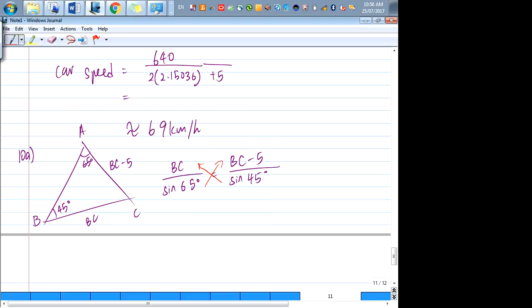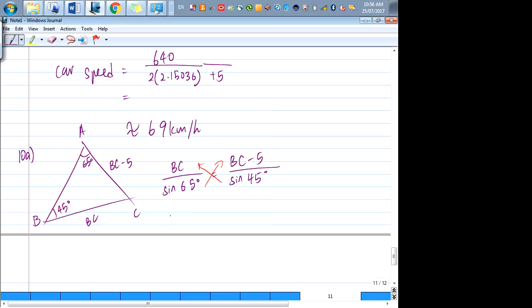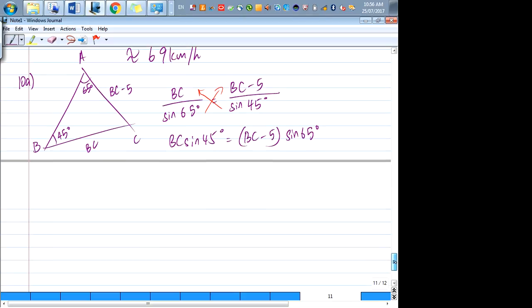Do your multiplication. We have BC sine 45 degrees equals BC minus 5 times sine 65 degrees. We may expand the right hand side and group the like terms together.